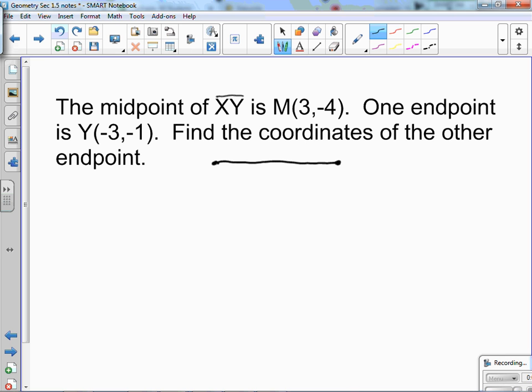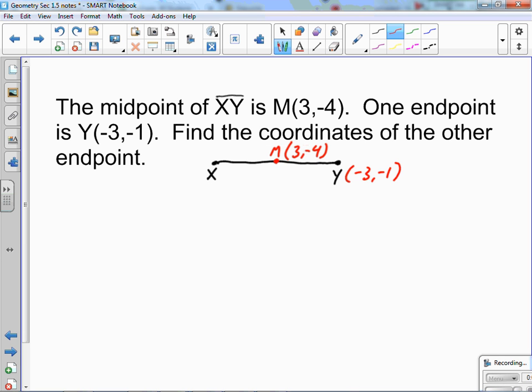So let's say we have a segment here, segment XY. And we got the midpoint M, which they gave us the coordinates of, which is (3, -4). And they gave us the coordinates of point Y, which is (-3, -1).